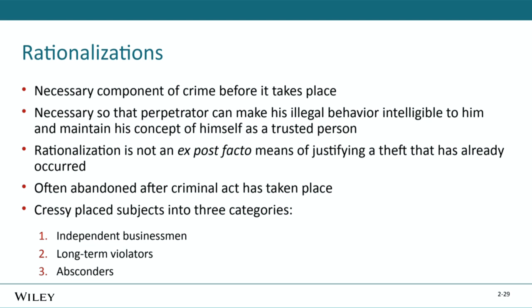Without that, they don't commit the fraud. So it's necessary so the perpetrator can make his illegal behavior intelligible to him and maintain his concept of himself as a trusted person. And even after they've been caught, put on trial, and sent to prison, they haven't convinced their heads that they really did something wrong.